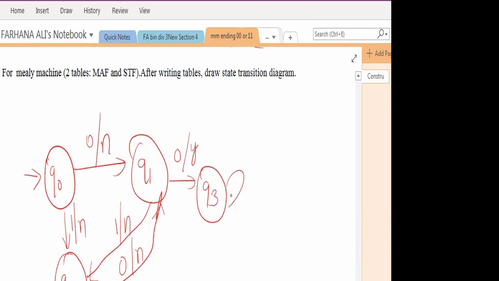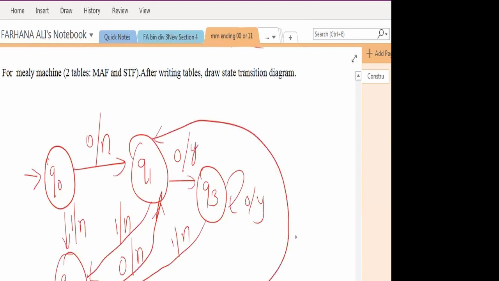Now Q3 on 0 is going to itself with the output yes. Now on 1 it is going to Q2 with the output no. Now Q4 on 0 it is going to Q1 with the output no, and on 1 it is going to itself with the output yes.